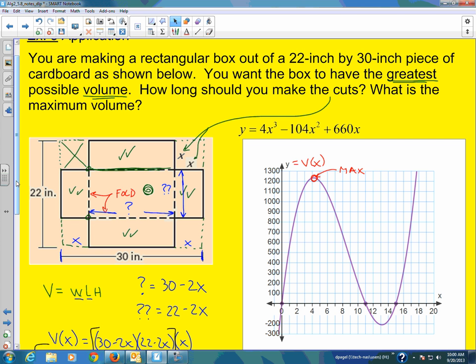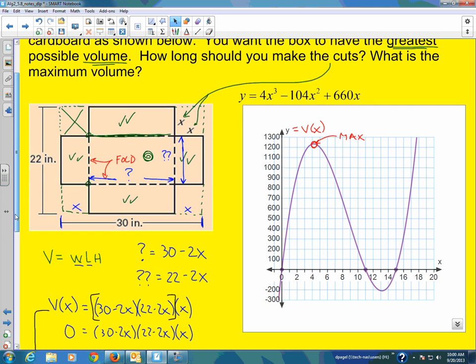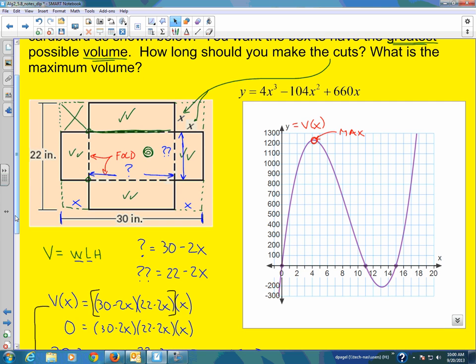So now if we actually wanted to go find the value of that maximum, and determine what value of x is going to make this the biggest box possible, here's where the graphing calculator can come in. Now, graphically, it looks as though, if I were to come off of that point, come straight down, we're somewhere just a little after 4 for the value of x that maximizes this, but we don't want to guess.